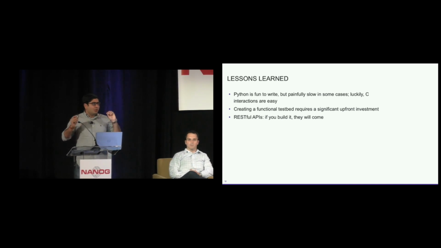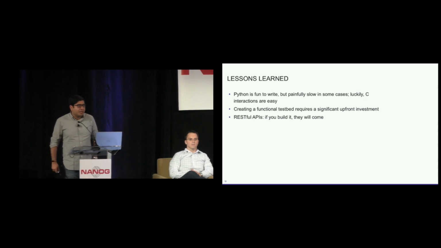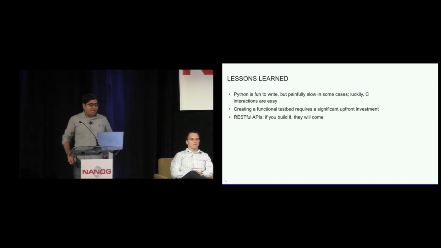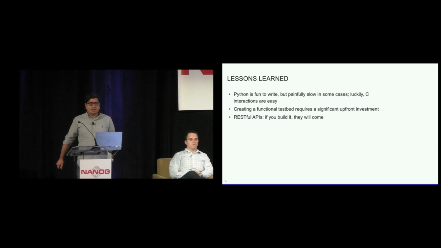And the slowness of Python actually becomes glaringly obvious at our scale. Luckily, interacting with underlying C libraries through Python's easy, and we did kind of hand optimize scenarios. For example, we don't use the pure Python implementation of SNMP. We actually use a Python module which wraps the C libraries given by NetSNMP for speed.